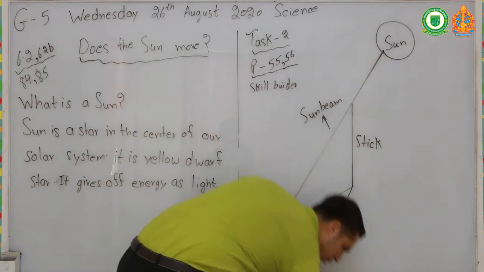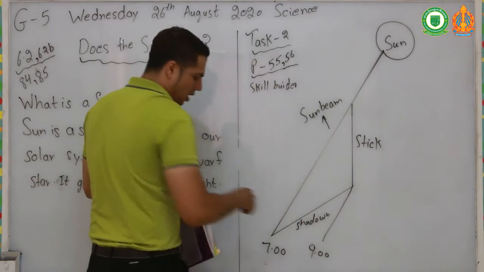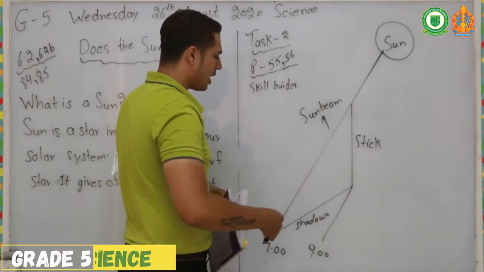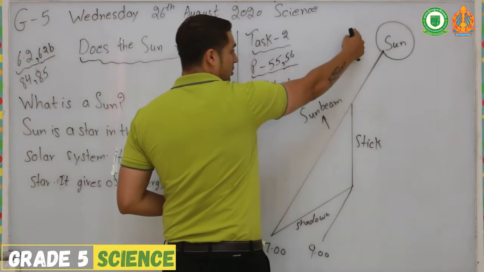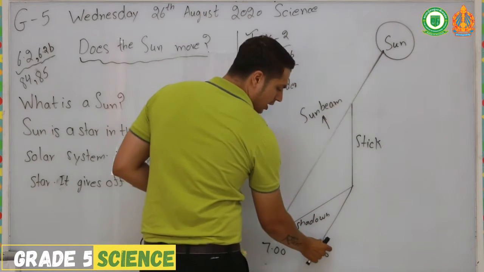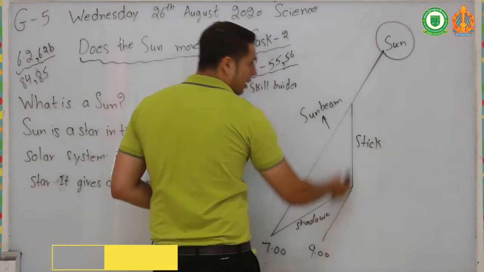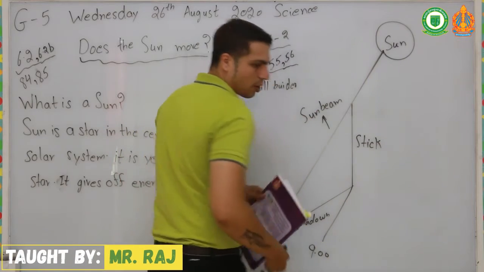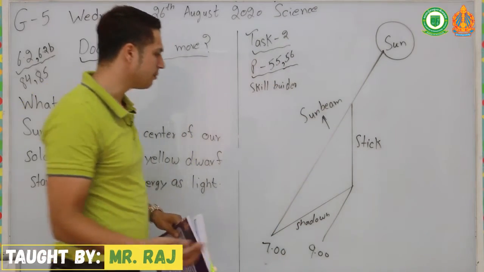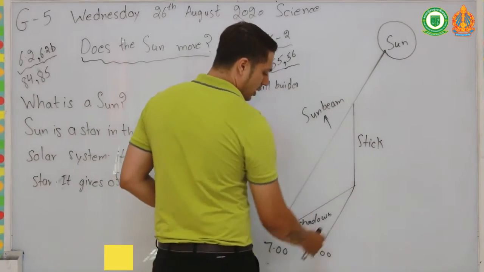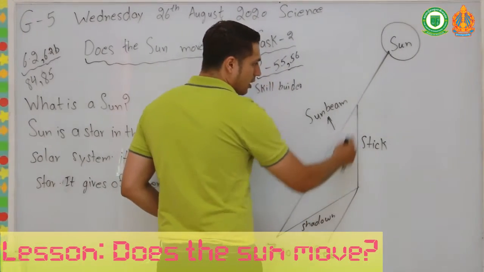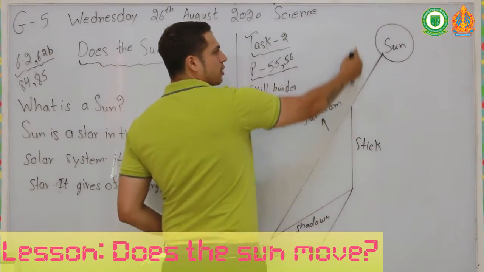Shadow number 1. Now if the sun moves this side, and it is 9 o'clock, what will be the sunbeam? Remember, when you create a sunbeam, it should start from here, cross this one, and then go straight.